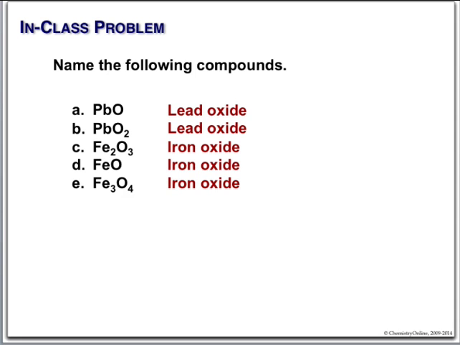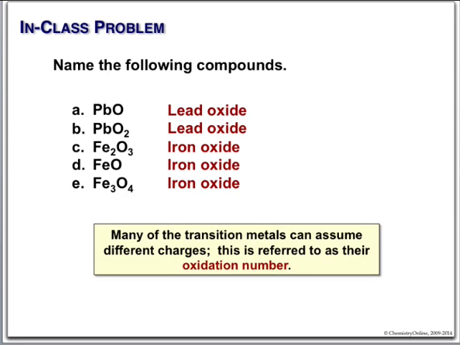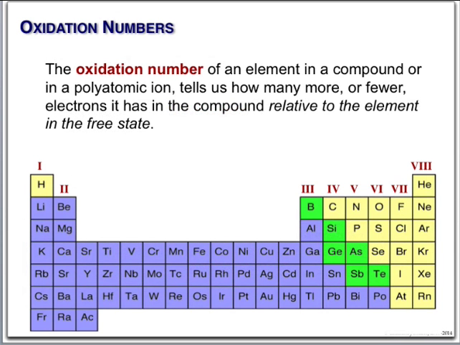What's varying here is what's known as the oxidation number. Oxidation number is a fancy word for charge. What the oxidation number really tells us, officially, is the difference between the element as you see it here and the element in the compound.